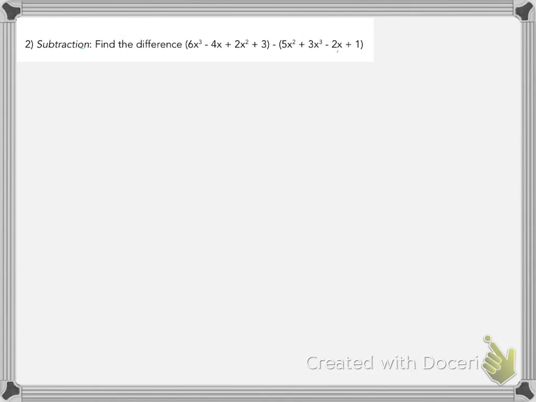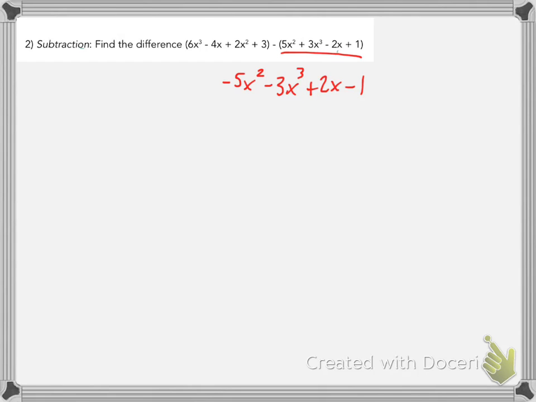Okay, and then the other thing we can do with polynomials for now is subtract them. It's going to be almost exactly the same as adding, except you need to distribute the negative. So because you're subtracting this whole polynomial, you have to do minus 5x squared minus 3x cubed and then minus a negative 2x is going to become plus 2x, and minus a positive 1, so minus 1.